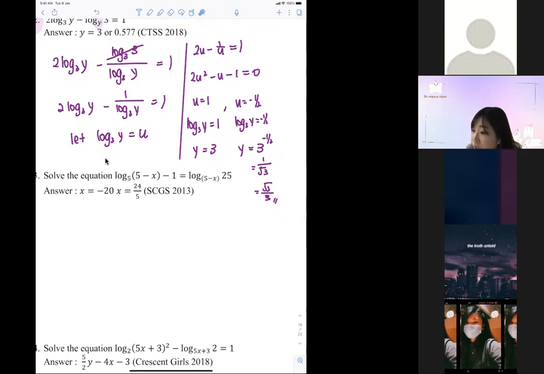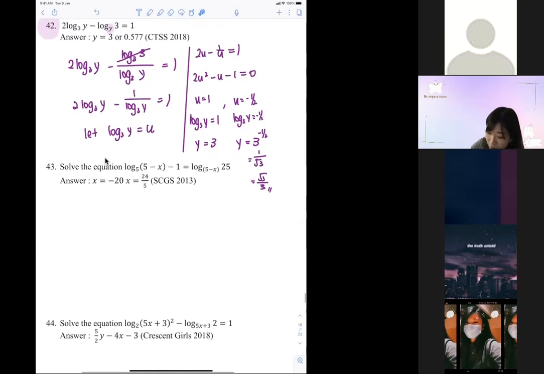All right. Okay, let's see the next one. So, just try to help me check. So, this one, again, I change to base 5, log one side, no log one side. So this one here: log 5, 5 minus x, minus log 5 minus x 25 equals to 1.